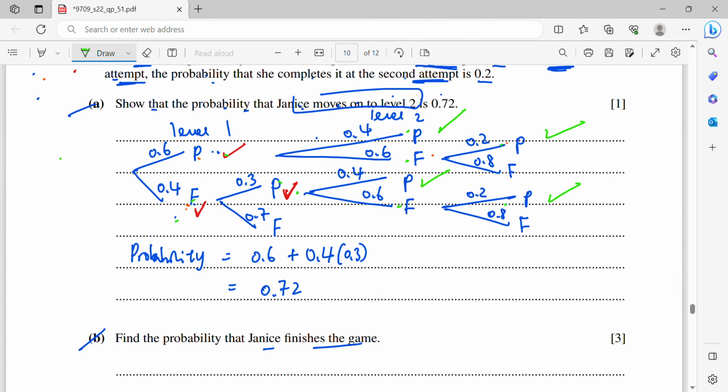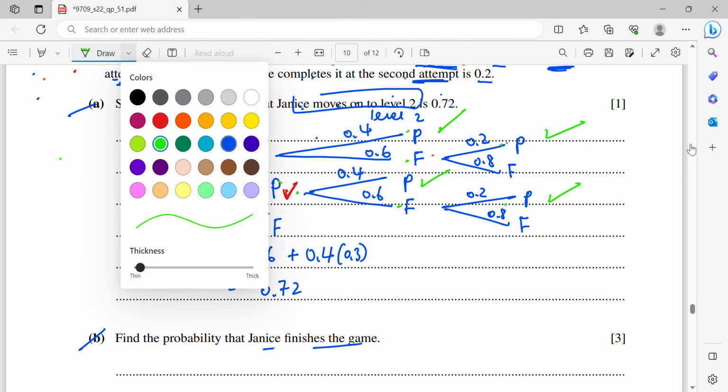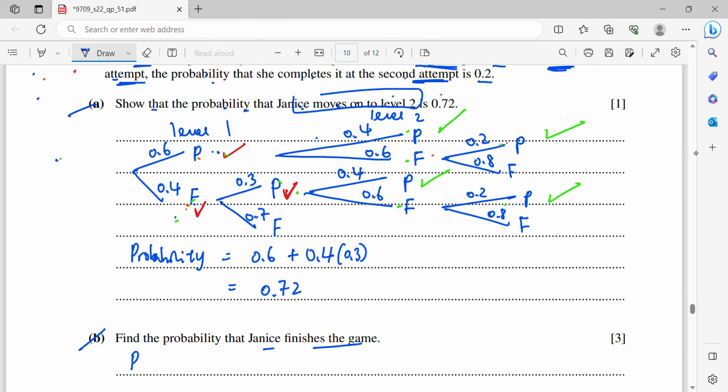This will be finishing the game. So now, if you have drawn this tree diagram, then it will be easier. So now I will just write probability equals to the green color, PP.